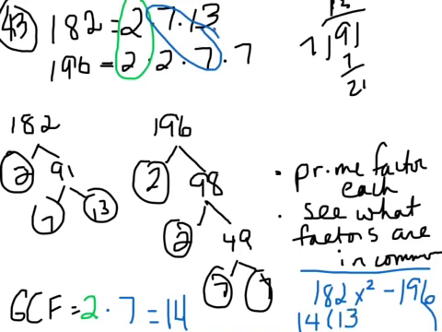You can actually look. Up here, the only one I didn't circle on 182 was this 13, right? Isn't that the only thing left that wasn't in the GCF? So you know it's the leftover, okay? And then 196, when I took 14 out of it, there was still a 2 and a 7, right? So it would be a 14.